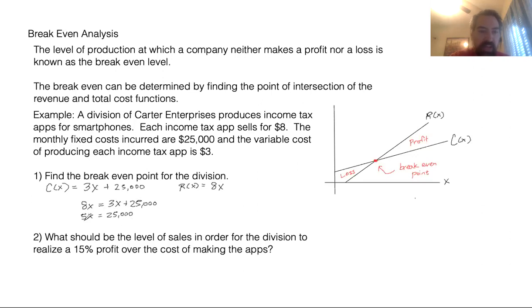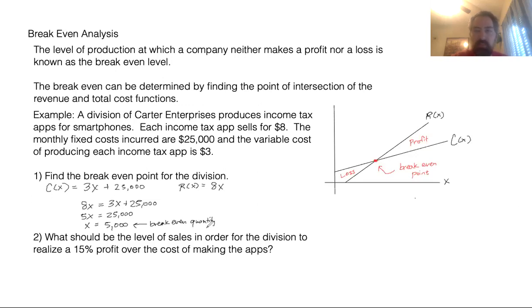And divide both sides by 5. 25,000 divided by 5 is 5,000. This is my break-even quantity. These are the number of apps that must be sold to reach a break-even, to where I won't have a loss, but I won't have a profit.